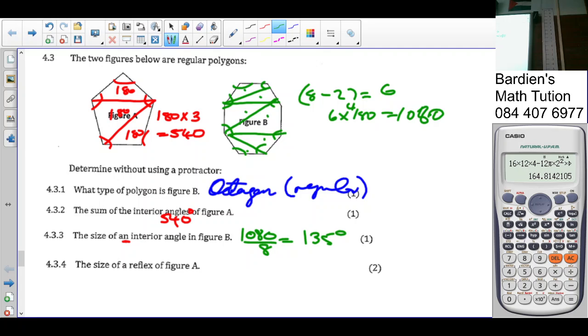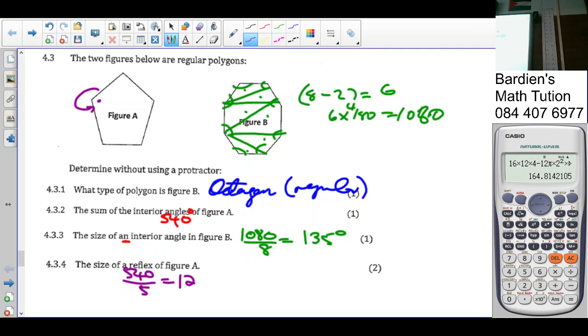Then they want to know in 4.3.4 the size of the reflex angle of A in figure A. Reflex angle of A. So what are they asking there? They want to know the size of that angle. Okay? So firstly we need to know what this angle is. So what we say? 540 divided by 5 is 108. Is that correct? What's 540 divided by 5? 108.